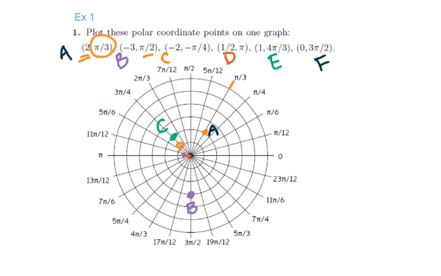Let's go to E. E is 4 pi over 3. 4 pi over 3 is this line. Then it's 1. Therefore, it will be this point. It will be E. Now let's go to F. 3 pi over 2. 3 pi over 2, it's this line.